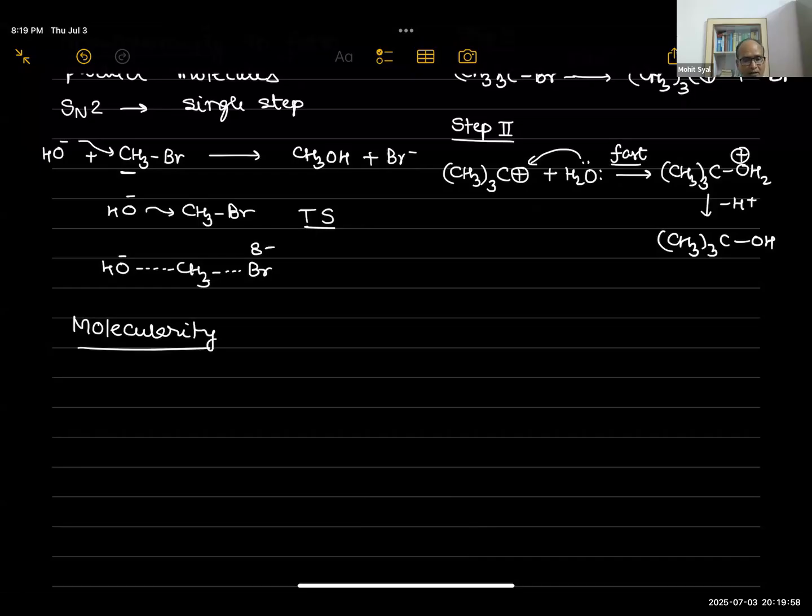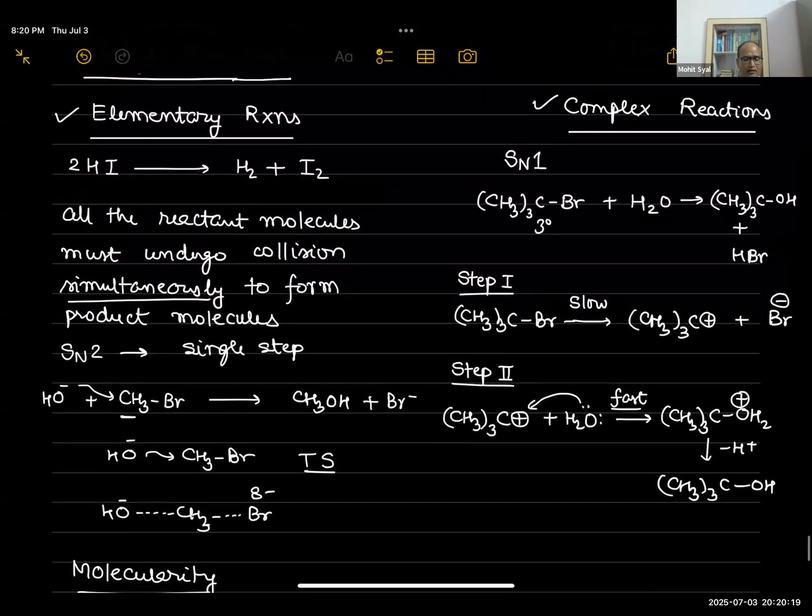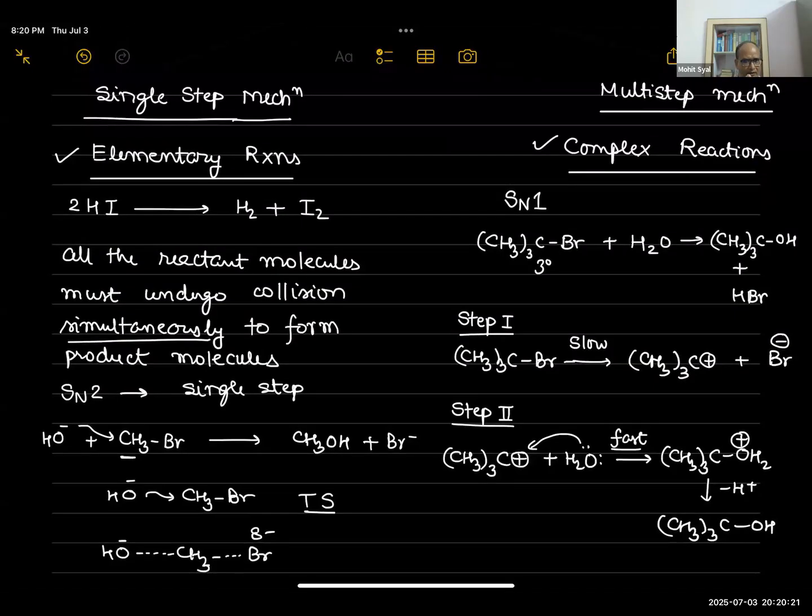What do you mean by molecularity of a reaction? Maybe the total number of molecules that are involved in the reaction. Yeah, the total number of molecules undergoing collisions simultaneously to form the product.